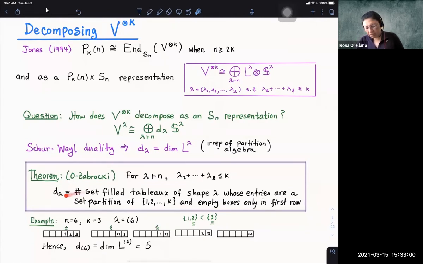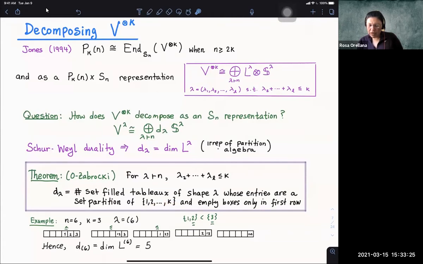So here, this d lambda is the number of set-valued tableaux. Remember that in the classical Schur-Weyl duality, you were filling the tableau with single integers. Now you're allowing set-valued tableaux. And the condition is that every number from 1 through k has to be used exactly once.